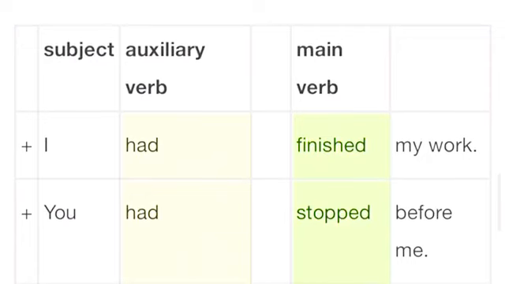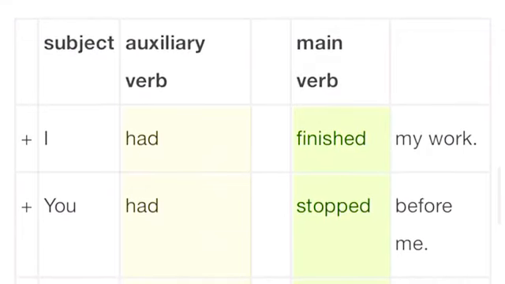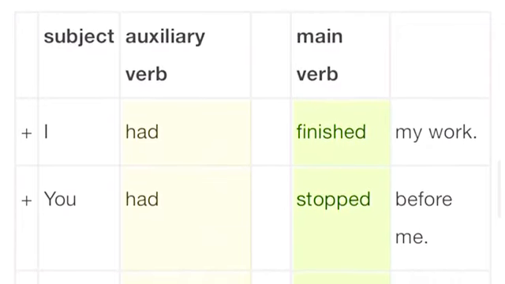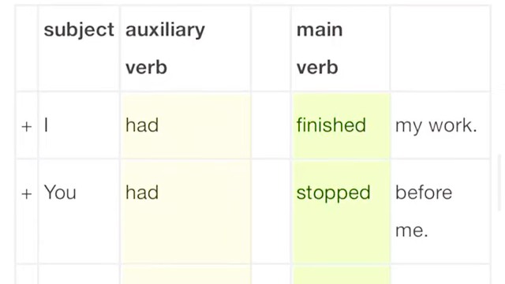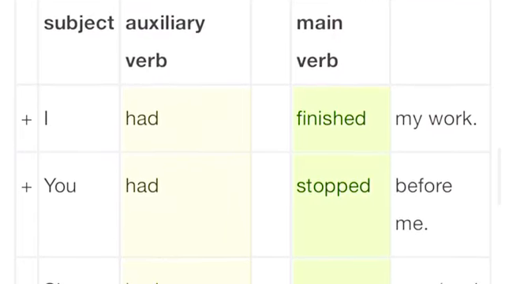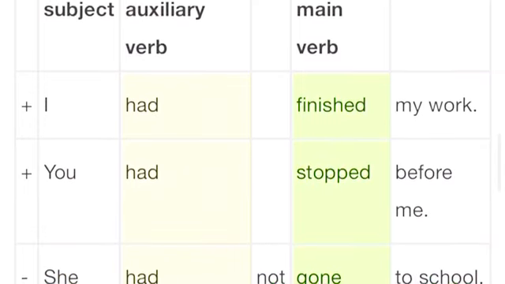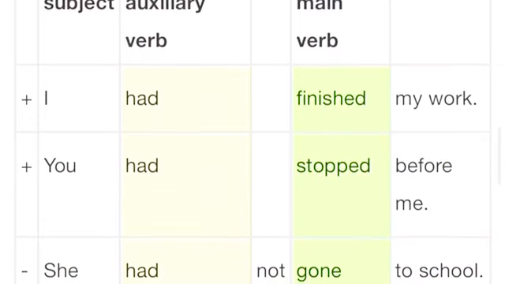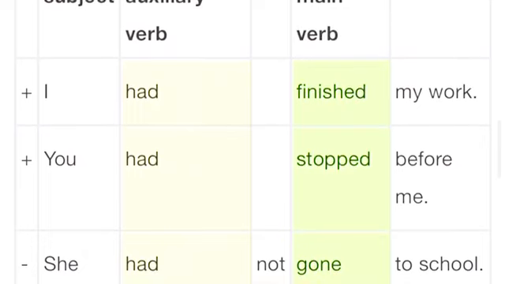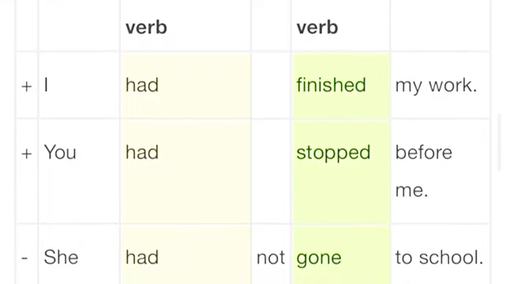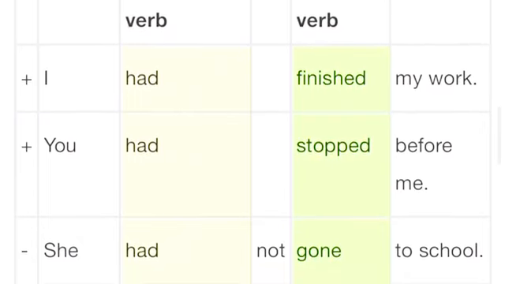Now students, check out these examples for the past perfect tense here. First we have the positive: I had finished my work. Now see, the auxiliary verb is had in the past tense.